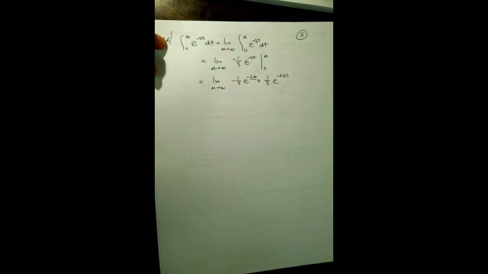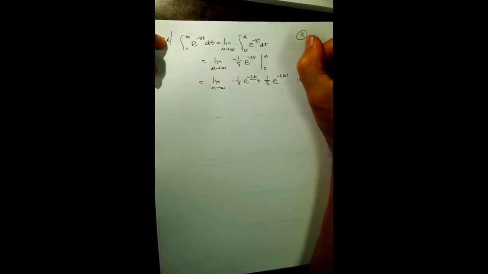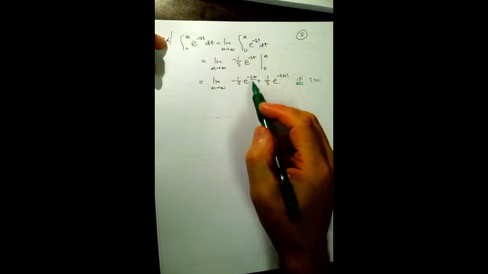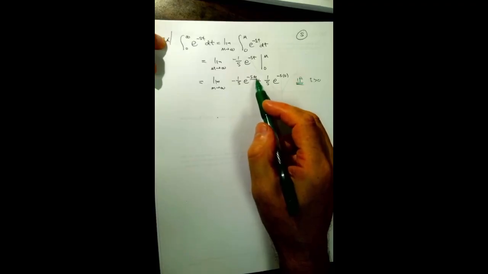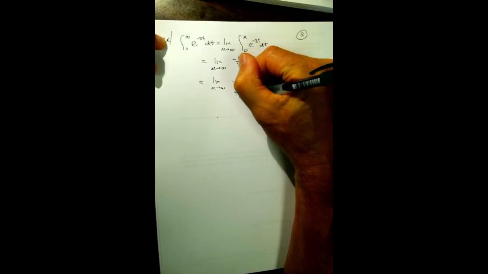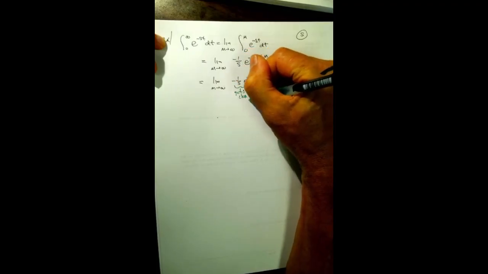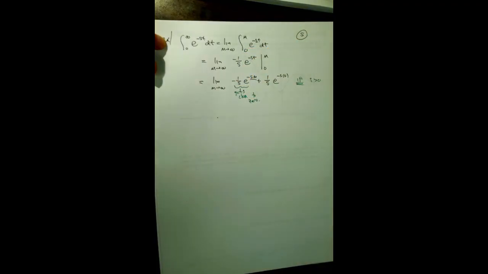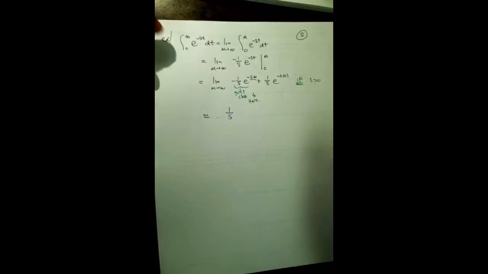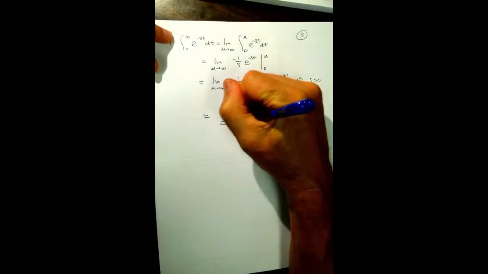What happens here depends on s. If s is a positive number, then e to the minus s times m is going to get closer and closer to 0 as m gets bigger and bigger, so that whole term gets close to 0. So I'm left with 1 over s times e to the 0, which is 1.